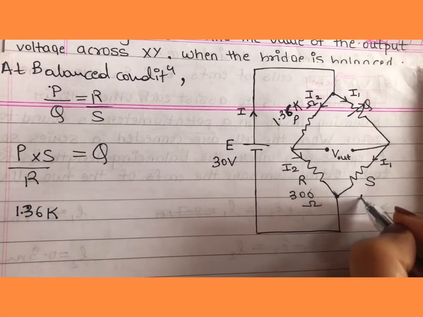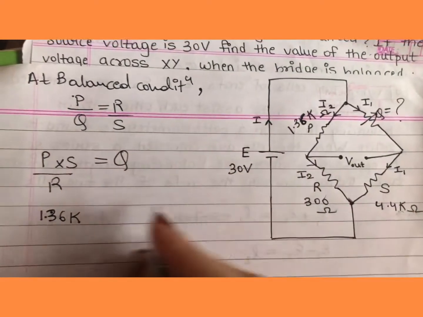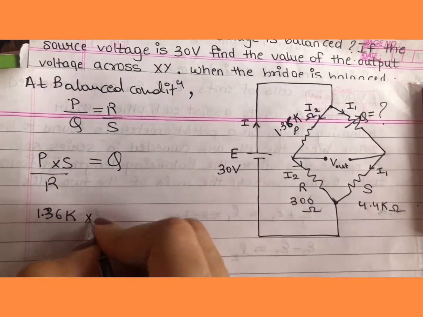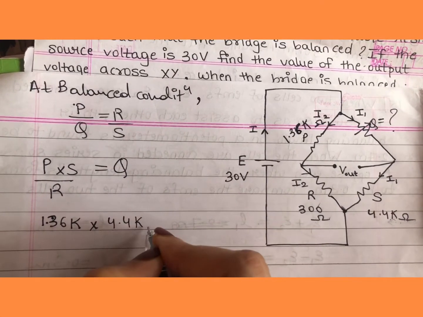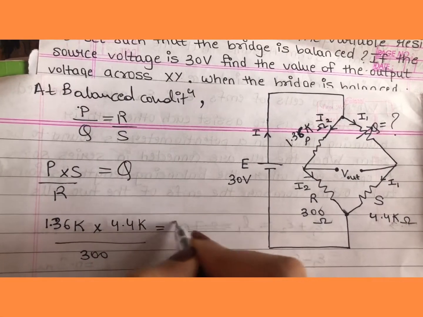Value of S is 4.4 kilo ohm and the value of Q is unknown. So P into S upon R, that is 300, is equal to Q.